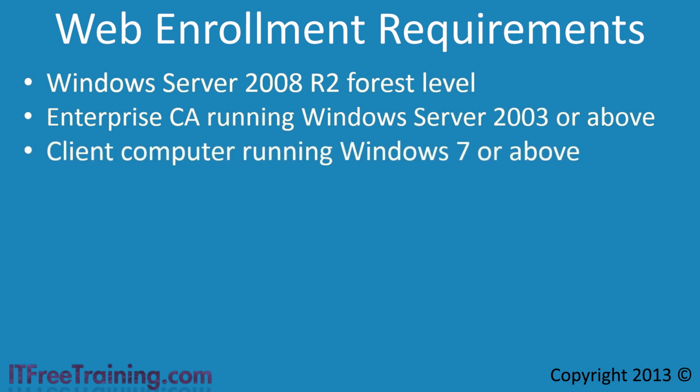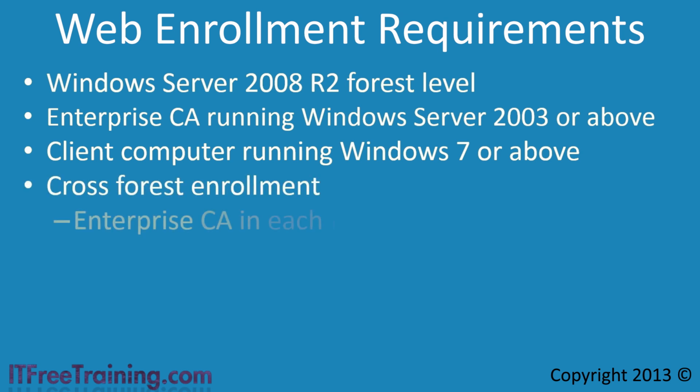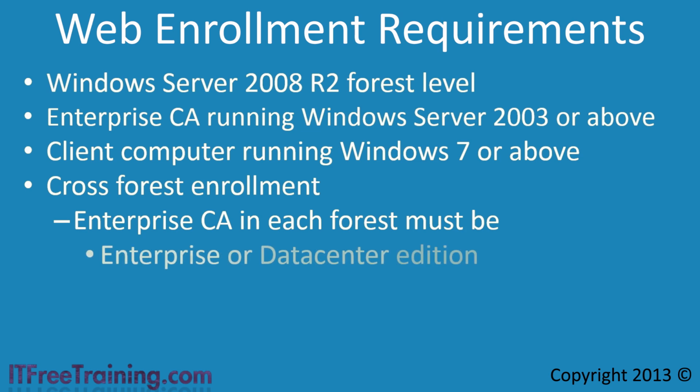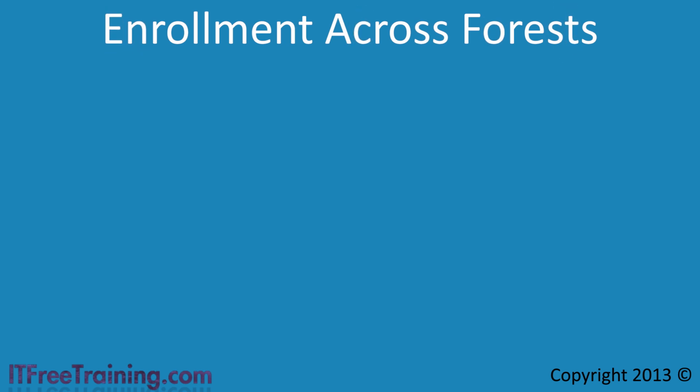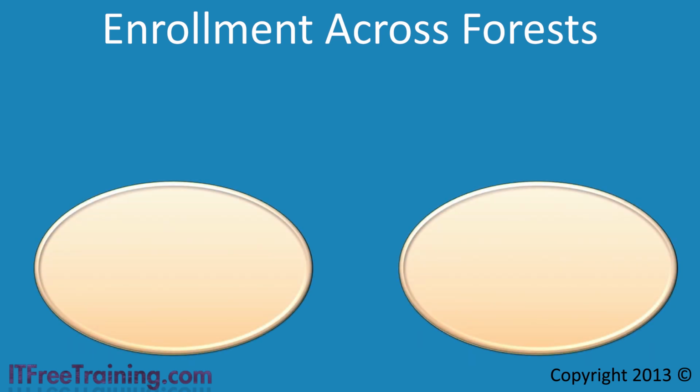There is one more requirement if you are using certificates across forests. If you do this, the CA needs to be running the Enterprise or Data Center edition of Windows Server. Certificate Services now supports enrollment across forests. Before this, if you wanted to use certificates in 2 different forests, you would need to deploy a separate certificate infrastructure in each forest.